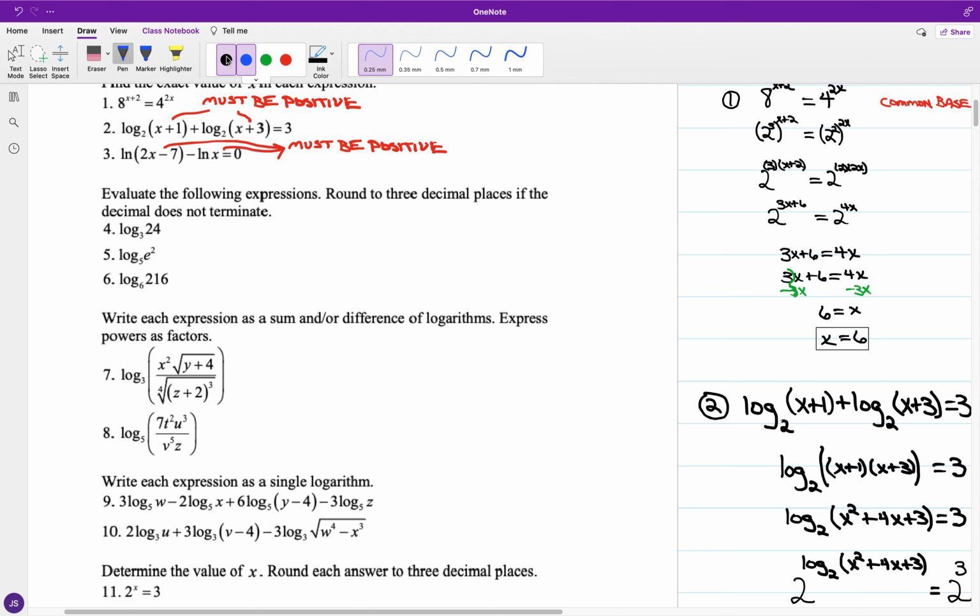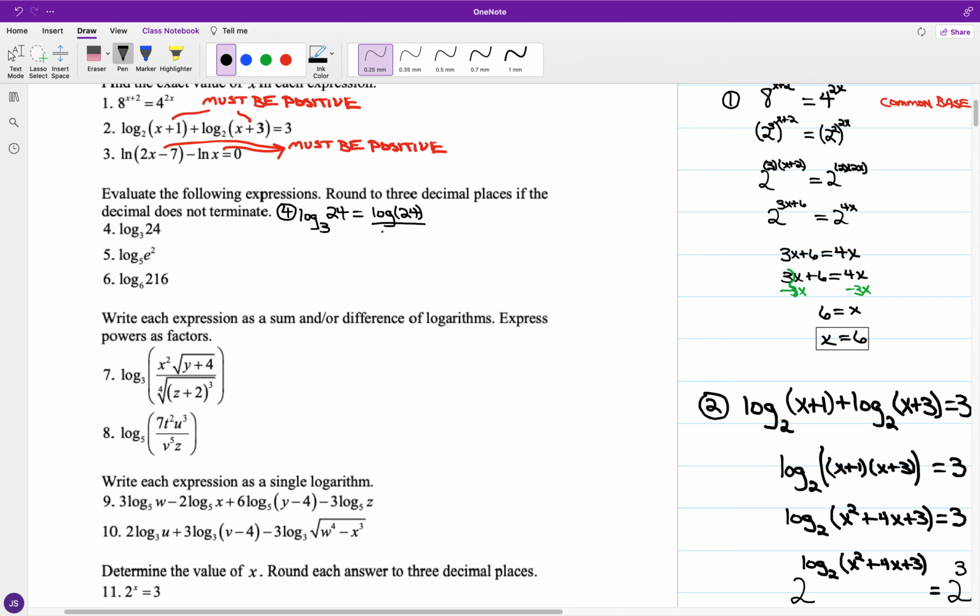In the case of number 4, for the base 3 logarithm of 24, I can use either natural or base 10 logarithms. Let's go with the base 10 logarithm in this one.